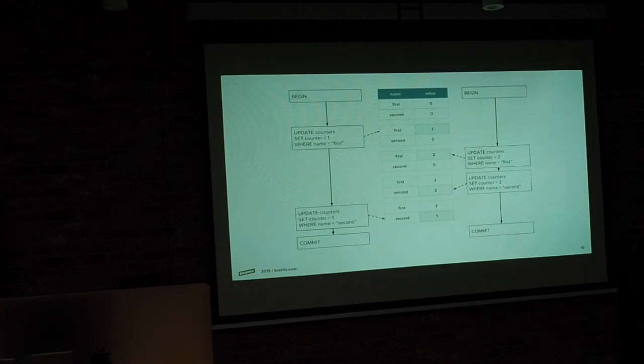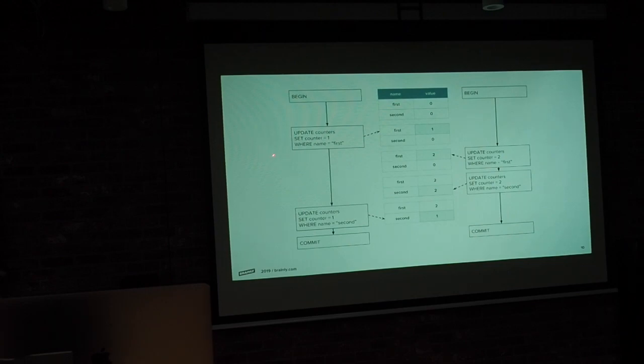So let's go step by step. Let's say that we have a single core machine which runs the database. We have no parallelization in the CPU, so the database has to switch the processing.